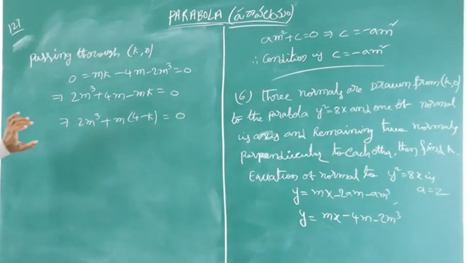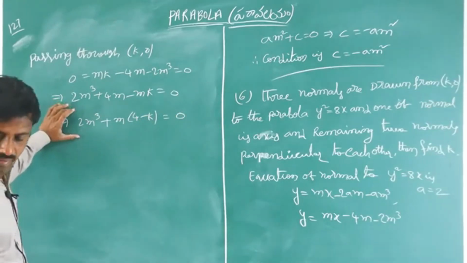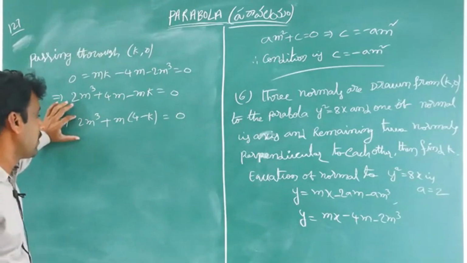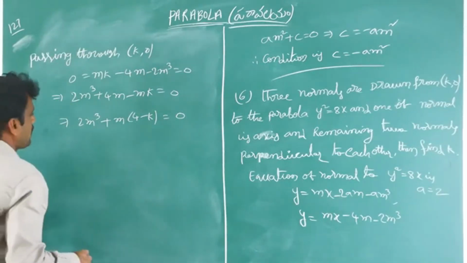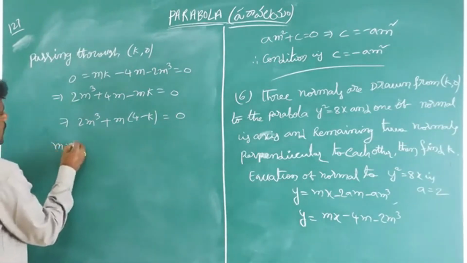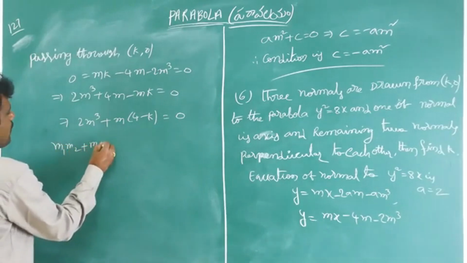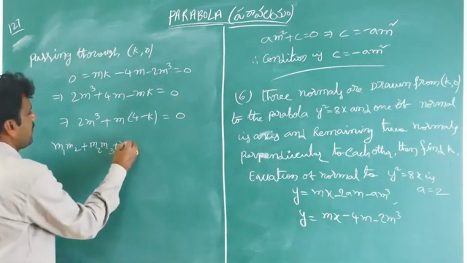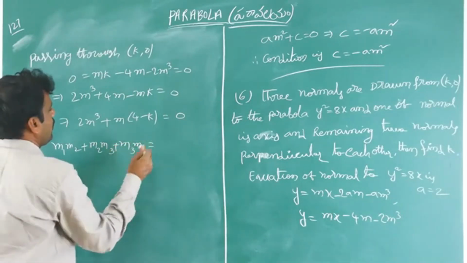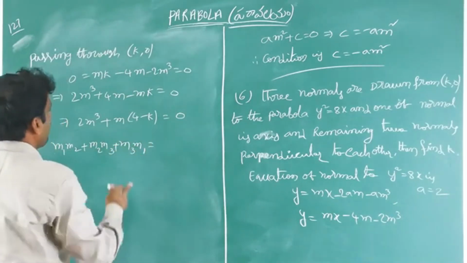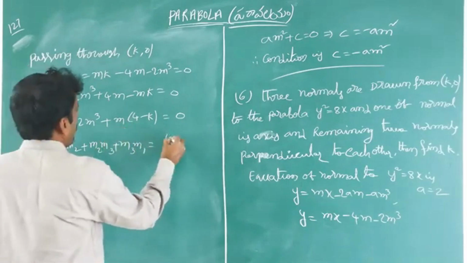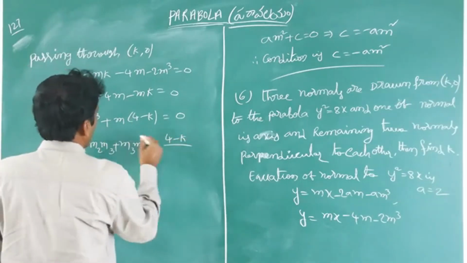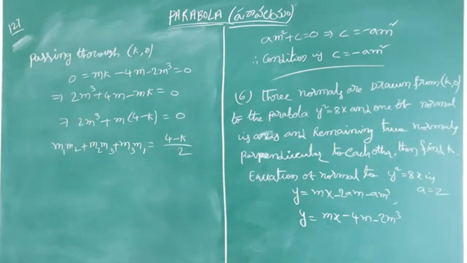Here, for the cubic with roots alpha, beta, gamma, the sum of the products of two roots, m1 m2 plus m2 m3 plus m3 m1, equals the m coefficient, 4 minus k, by the m cube coefficient 2, that is 4 minus k by 2.